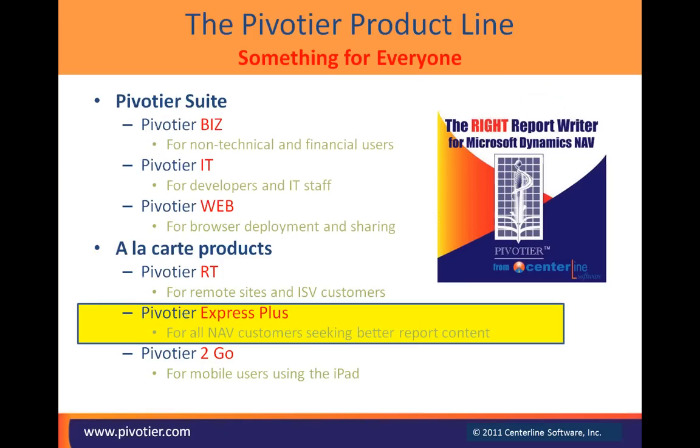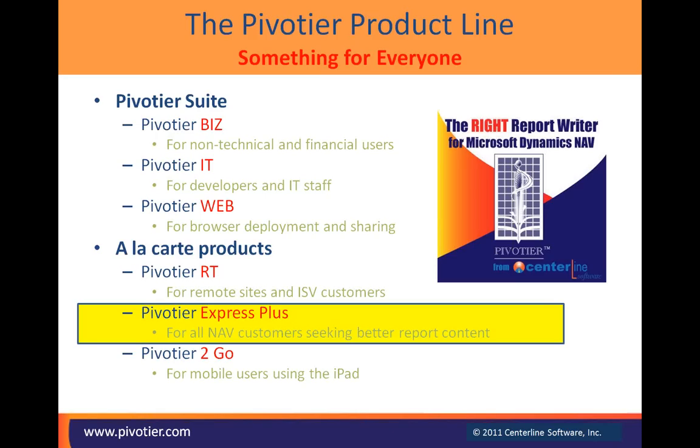Pivotier Express Plus is a product that we've added to the Pivotier suite of reporting tools. The reporting tools consist of Pivotier Biz, which is designed for end users to build their own ad hoc and financial reports.